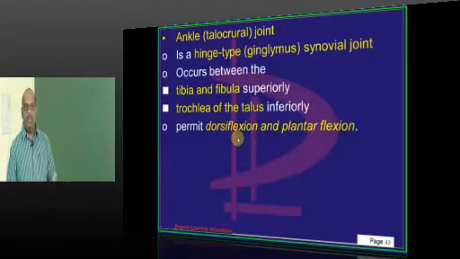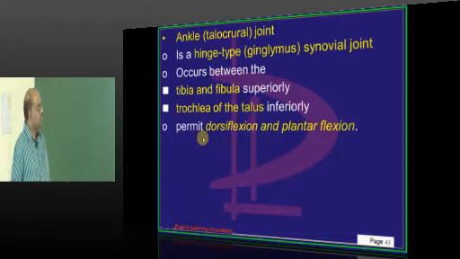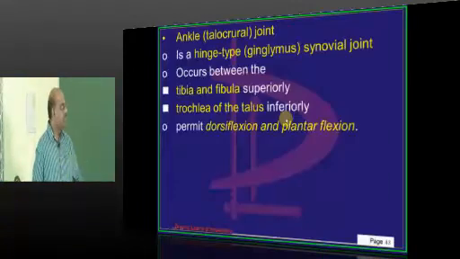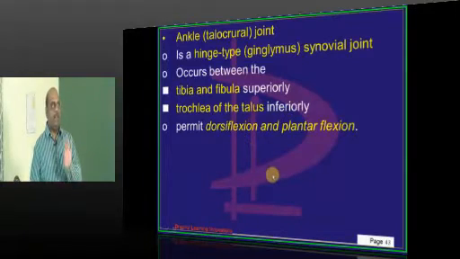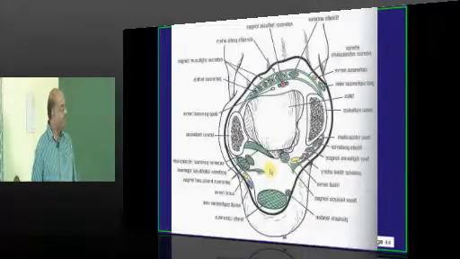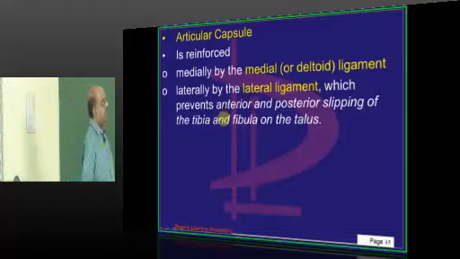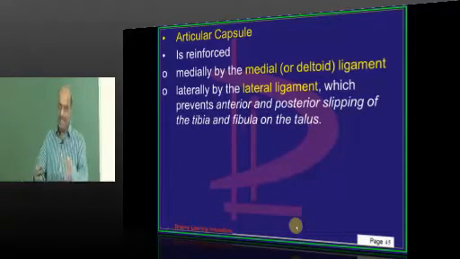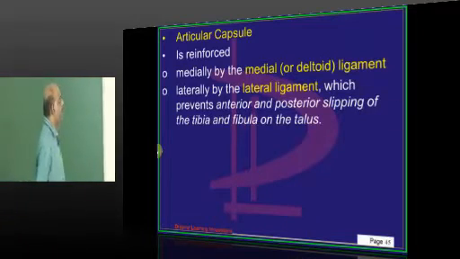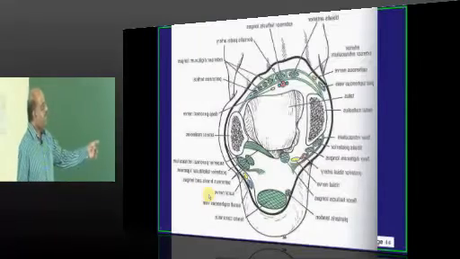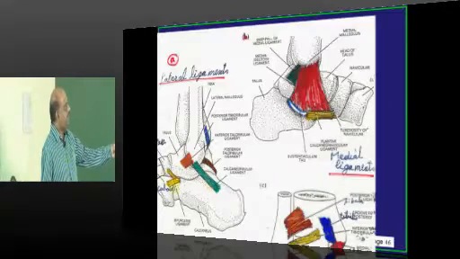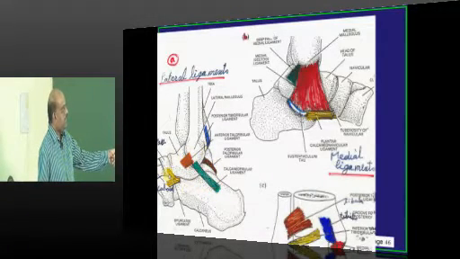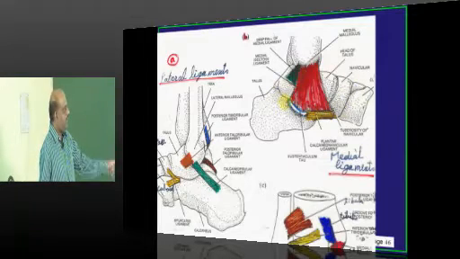The tibia and fibula superiorly, the talus, the keystone, inferiorly, and it permits dorsiflexion and plantarflexion. The ankle joint needs to be remembered because of its wonderful capsule. And medially, this capsule is strengthened by the deltoid ligament.